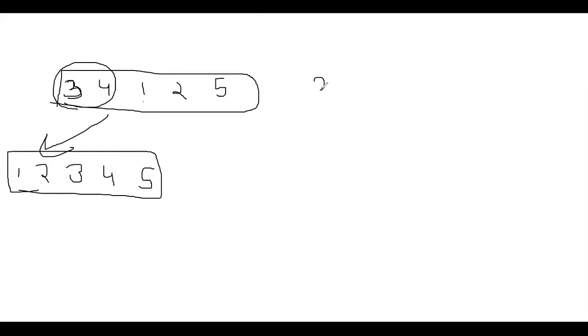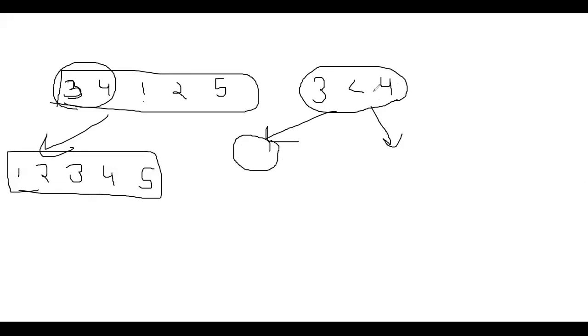So what I'll do is I'll compare. If 3 is less than 4, then I'll compare other elements. If 3 is greater than 4, then I'll follow this route. I have two routes. Either 3 is less than 4 or 3 is greater than 4.